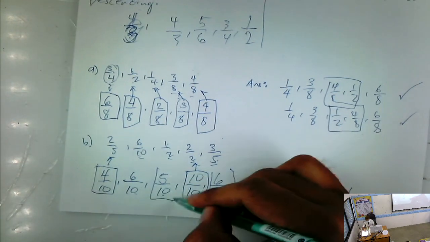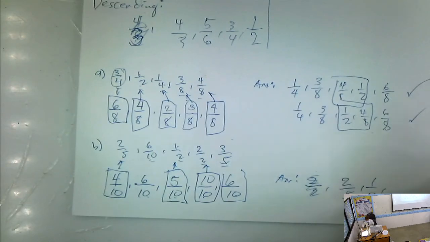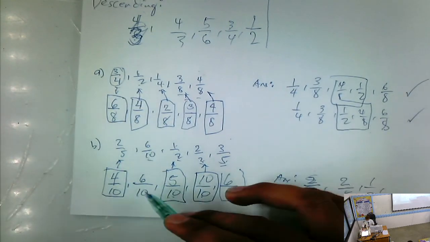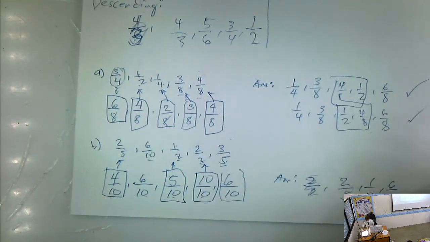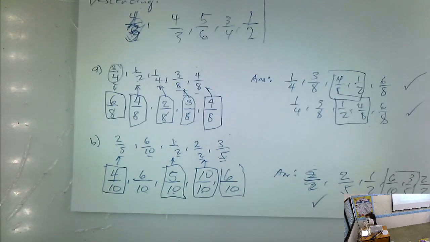Next, 5 over 10, which is 1 over 2. What's next? 6 over 10, and 3 over 5, and 10 over 10, which is 2 over 2. Now, these two can switch, since they are equal. Okay? I'll check this next time, and since it's already time's up, I'll just get the score next time.